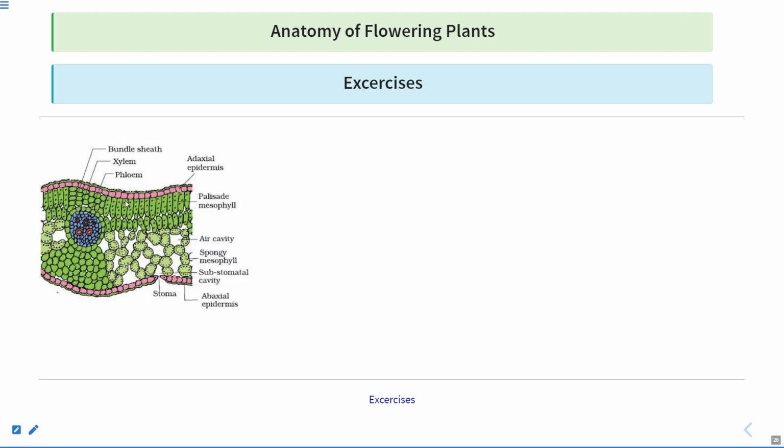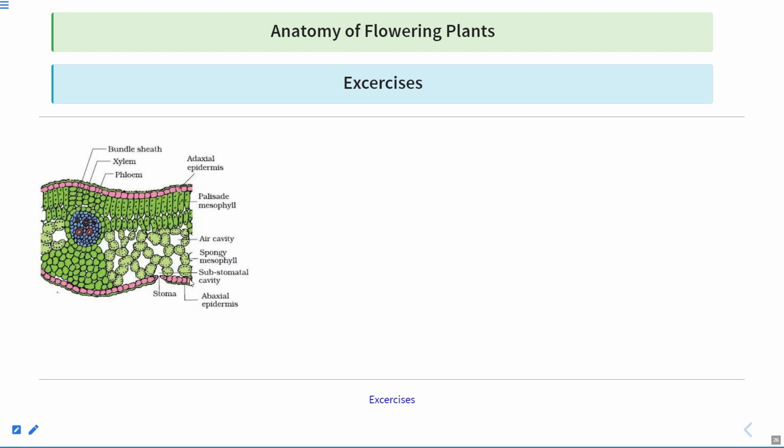Now, if you talk about the mesophyll cells, here you can see the mesophyll cells are of two different types, palisade mesophyll cells and the spongy mesophyll cells. Now, the palisade mesophyll cells are more of cylindrical type, and they are having minimum air spaces in between. But the spongy mesophyll cells have a lot of air cavities in between.